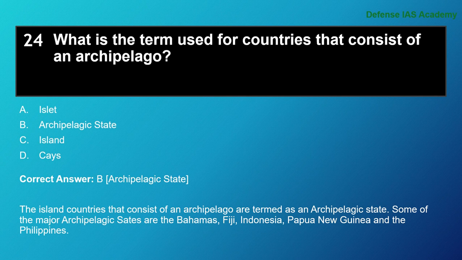The states that have archipelagos are termed archipelagic states. These states are Bahamas, Fiji, Indonesia, Papua New Guinea, and the Philippines.